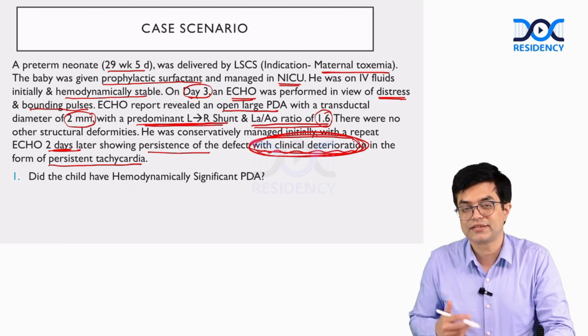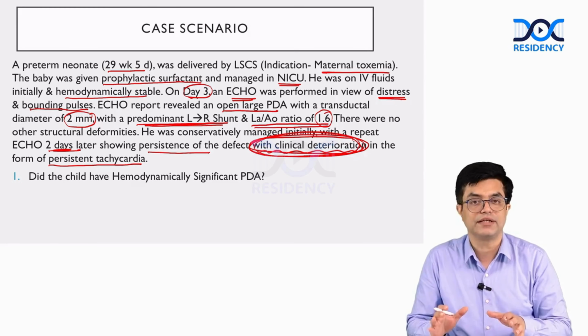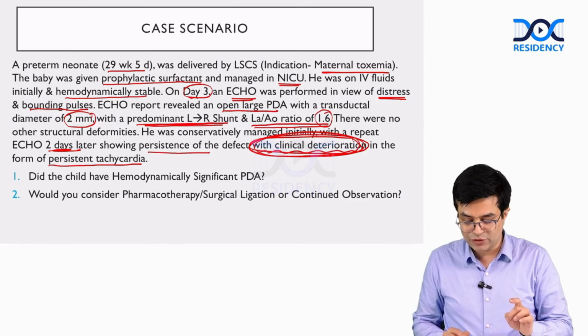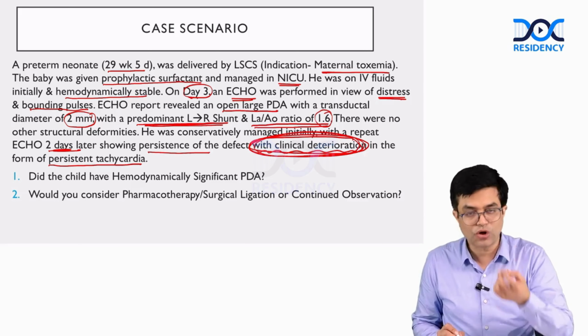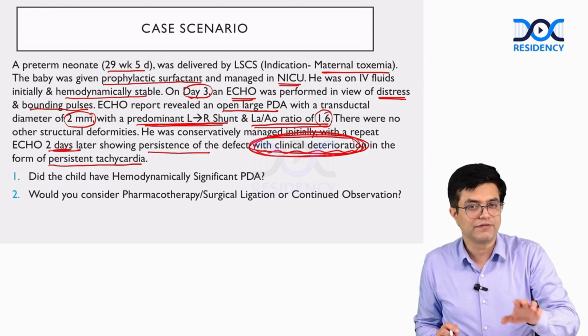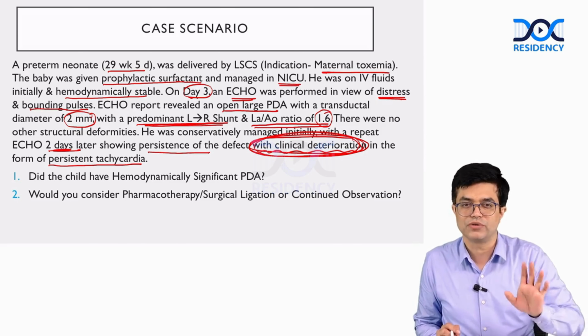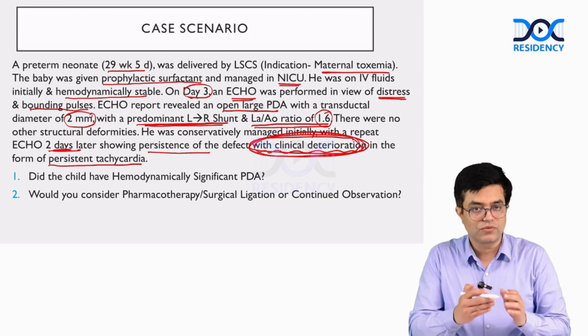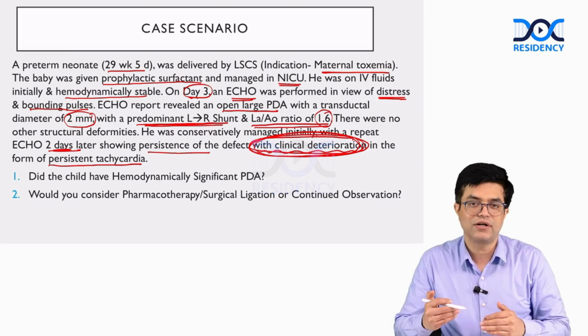How do you define it? And secondly, would you consider pharmacotherapy or surgical ligation, or do you think that only observation and conservative management alone should be given without any pharmacotherapy or surgical therapy? The answer to these questions we will discuss at the end of the topic.